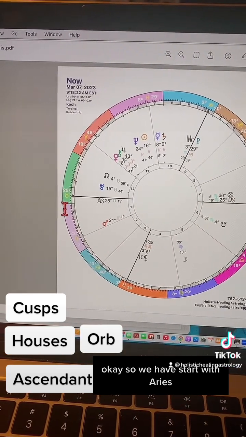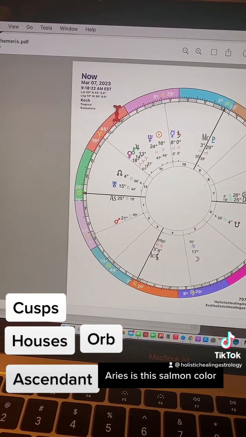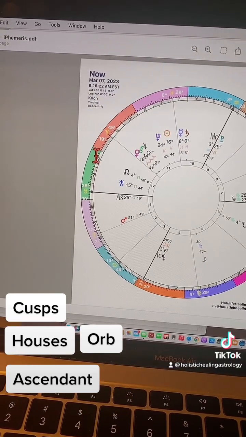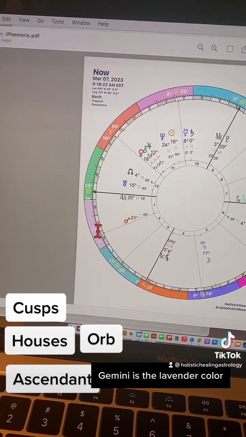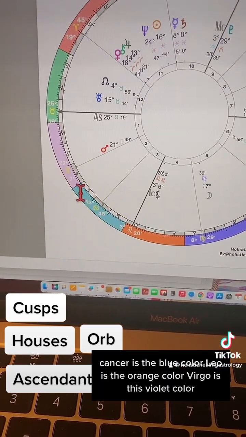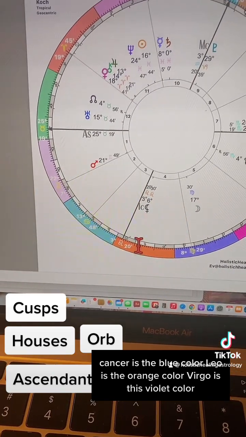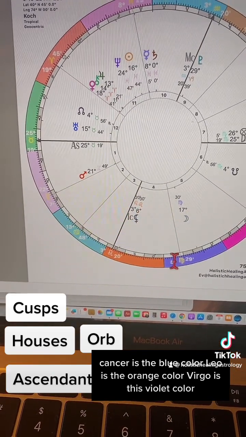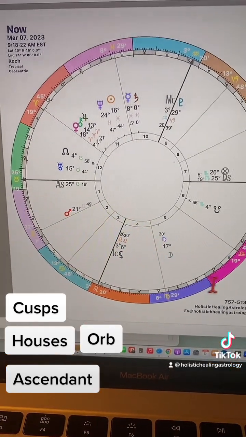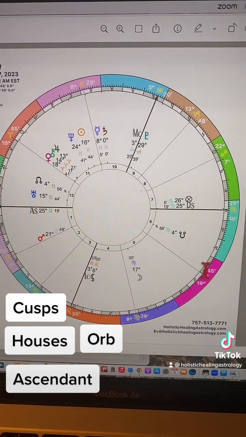Okay? So we start with Aries. Aries is this salmon color. Taurus is the green color. Gemini is the lavender color. Cancer is the blue color. Leo is the orange color. Virgo is this violet color. Libra is this fuchsia color.